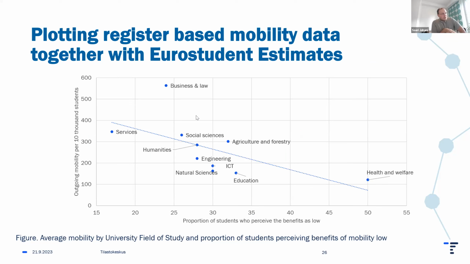So on the x-axis, you can find the field-of-study-specific estimate for the number of students perceiving the lack of benefit for their current studies as a major obstacle. And on the y-axis, you can see the average relative mobility between years 2018 and 2022.